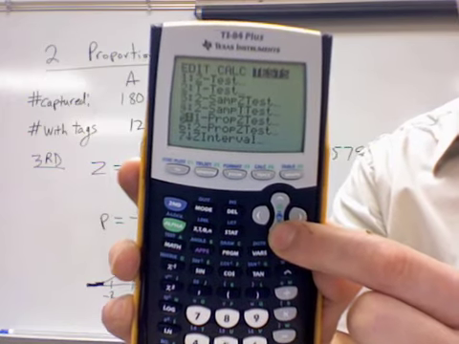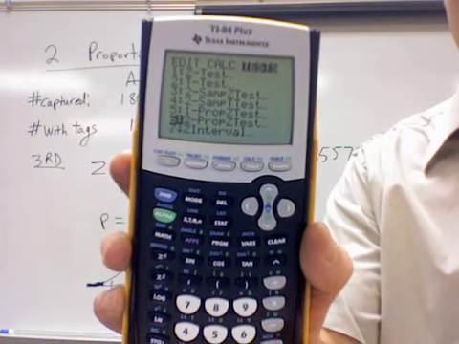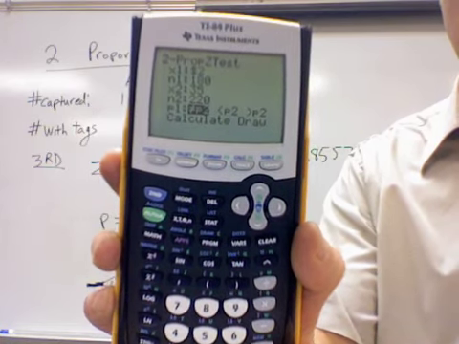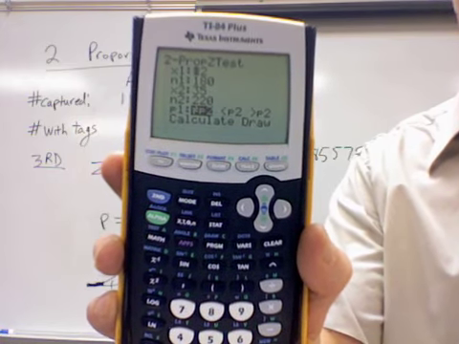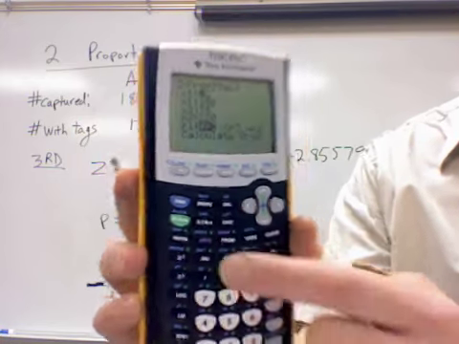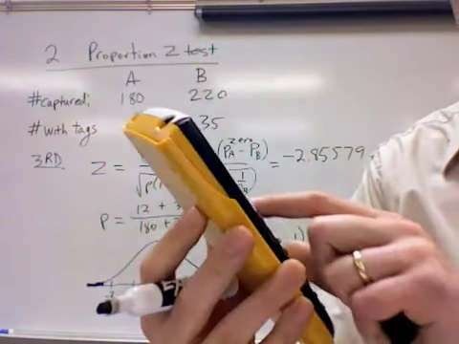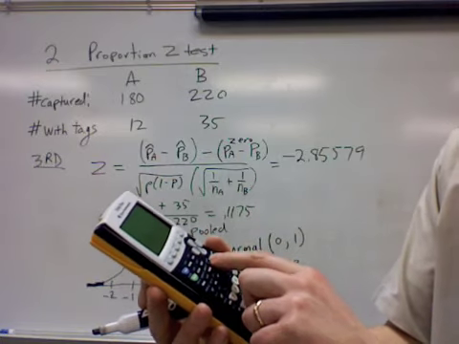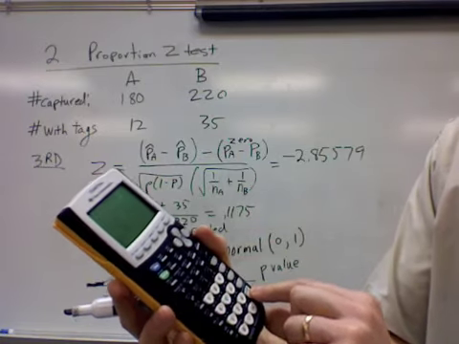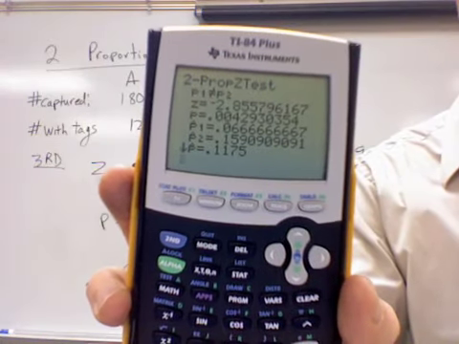If you slide all the way down to a two-proportion z-test, you can see that I already typed in the information necessary to get the correct answer. If you go down to Calculate and press Enter, it gives you the same z-score that I just calculated.